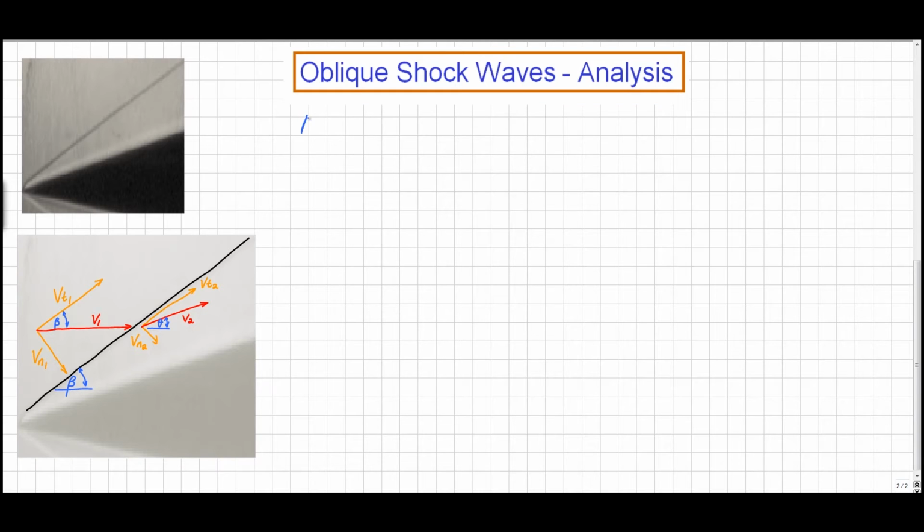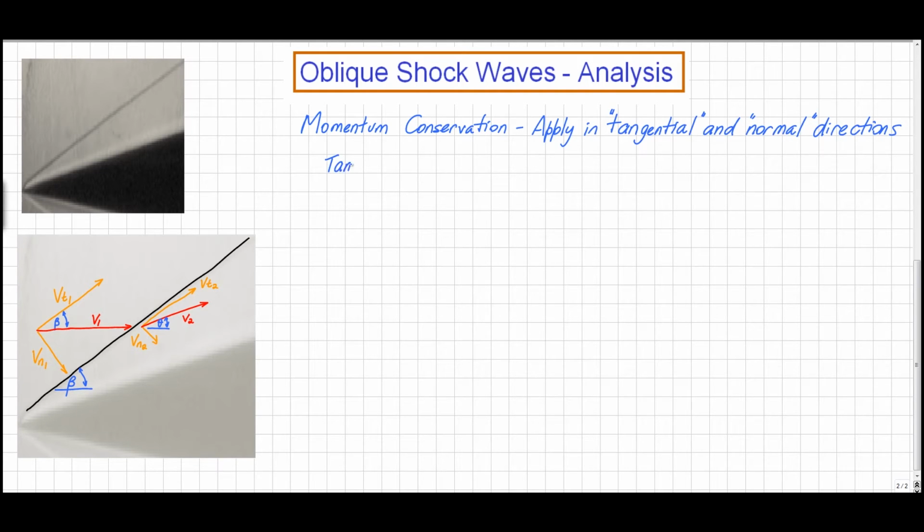So we're going to be looking at momentum conservation. And we're going to apply that in directions tangential and normal to the shockwave. So we'll start with the tangential direction.